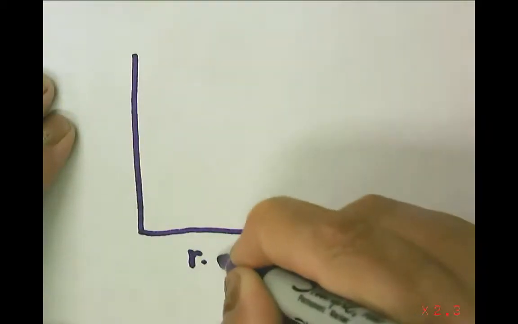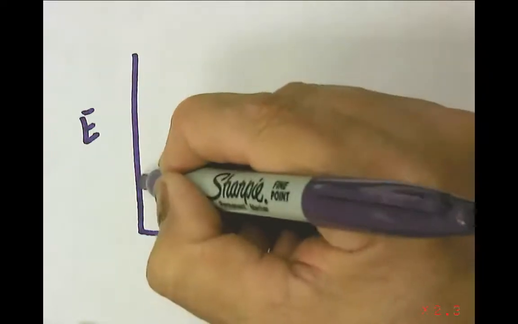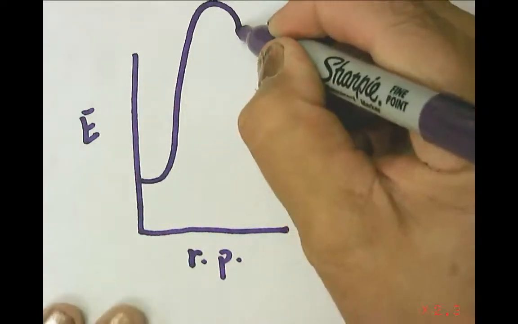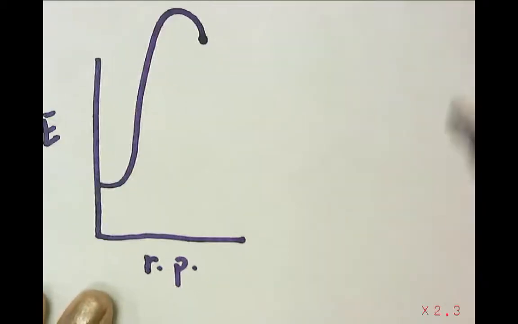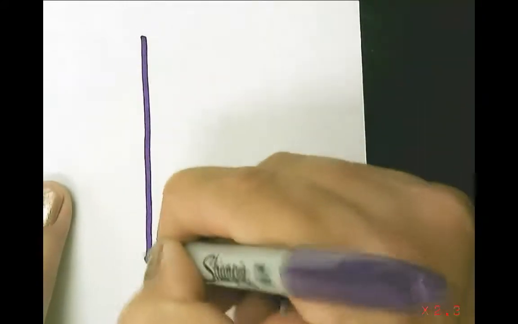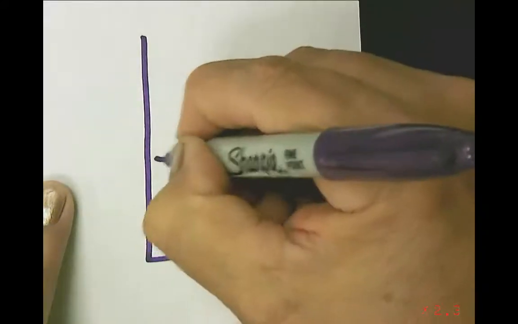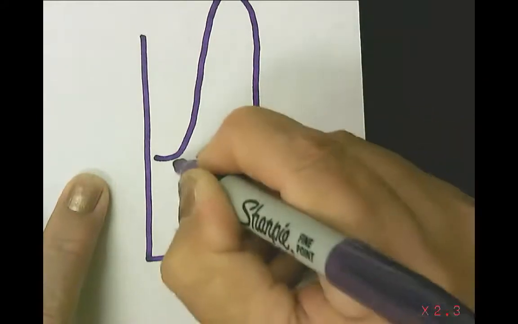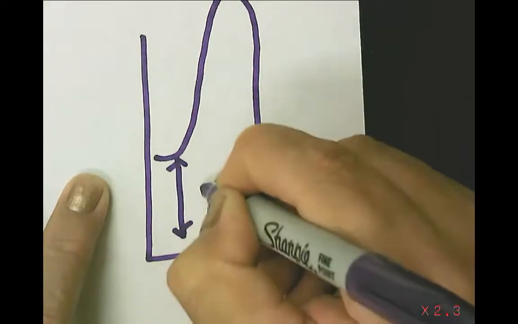So this is reaction progress. This is our energy. And then we want a really tall activation energy. I'm going to do it again, I think. One more time's a charm. Start a little higher, really tall, and then come way down.